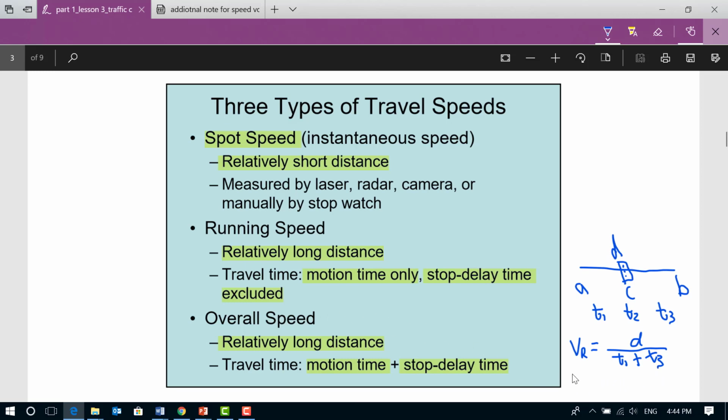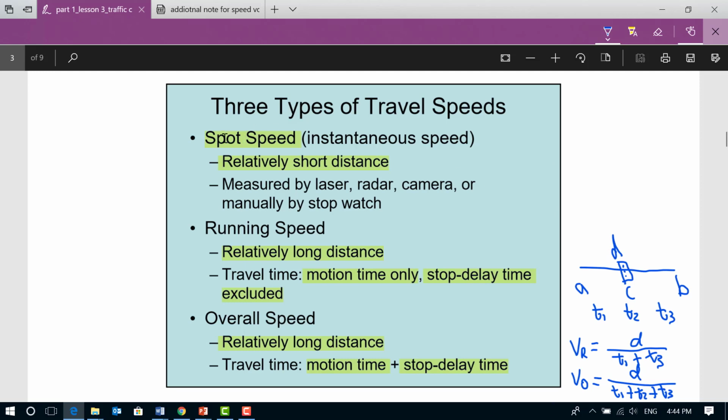The overall speed includes the distance d divided by the total travel time, including the motion time, and also the stop and delay time at the signal t2, and then t3 as well. So that's the difference between the running speed and the overall speed.